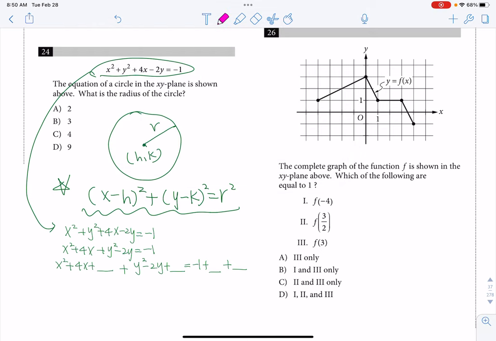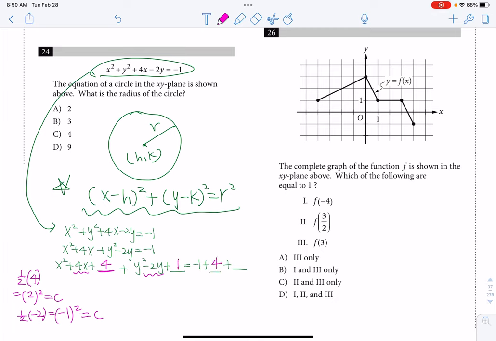And how do you find the c here? Take the x term, which is 4, and find half of the 4, which is 2, right? And you have to square it, that becomes c. So 4 here. And then the y term, which is negative 2, half of negative 2 will be negative 1, and you have to square that, so c is 1.